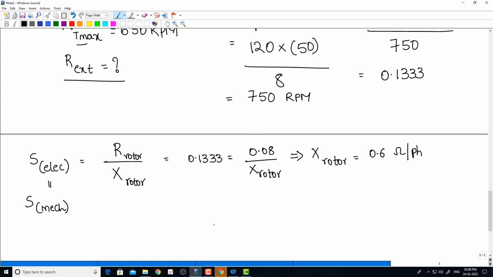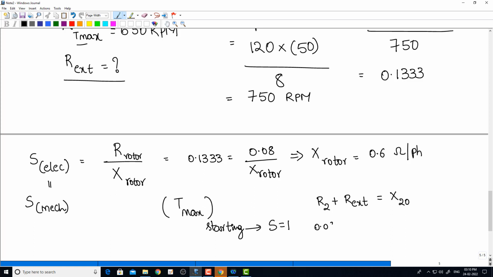So, maximum torque at starting is what the induction motor should produce. At starting, we already know that S is equal to 1. S equal to 1 means R2 plus the additional resistance we need to add in the rotor circuit must be equal to the reactance of the rotor.